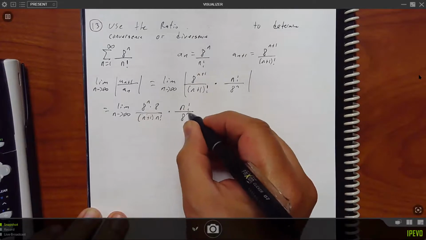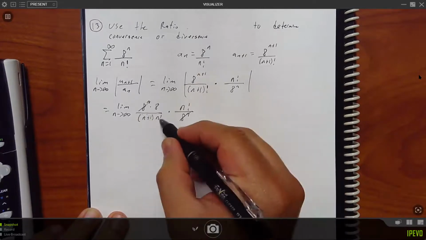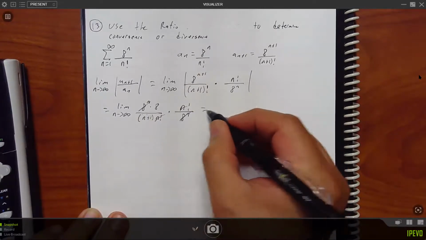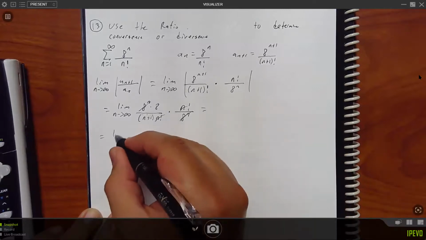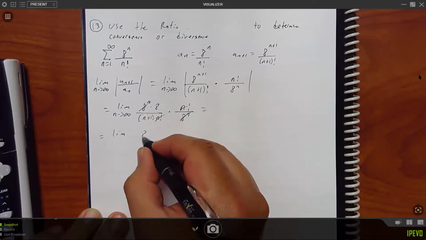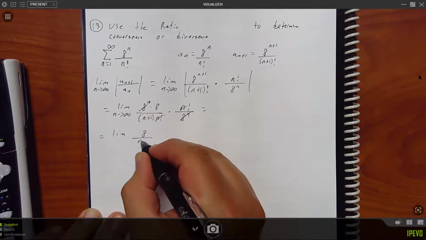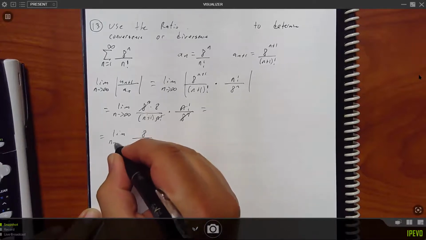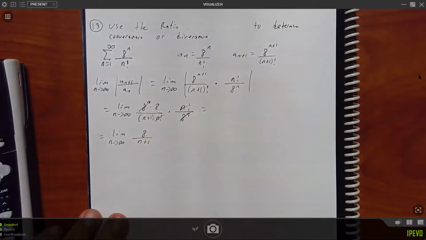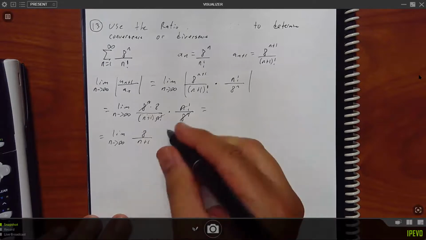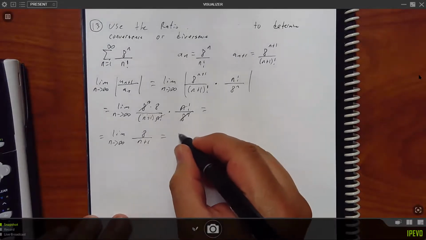So the 8 to the n will cancel, the n factorial will cancel, giving us the limit of 8 over n plus 1. That limit is going to be 0, right?